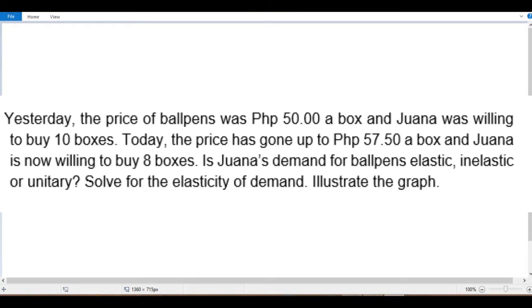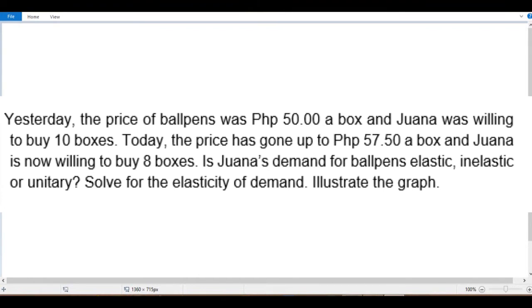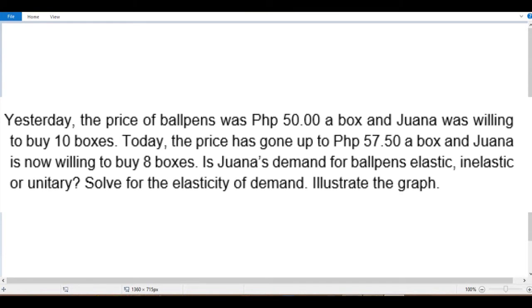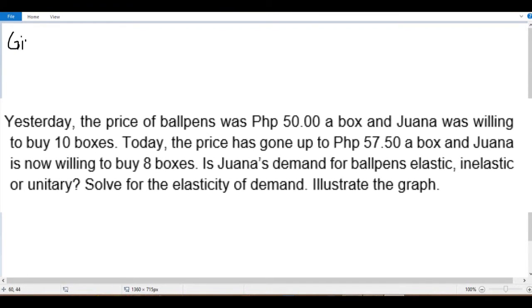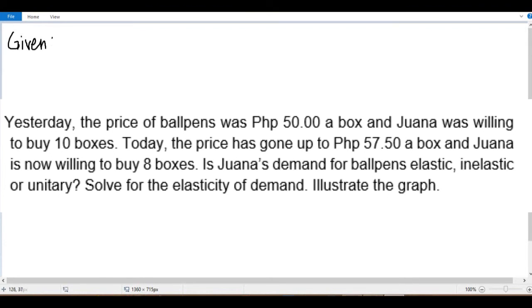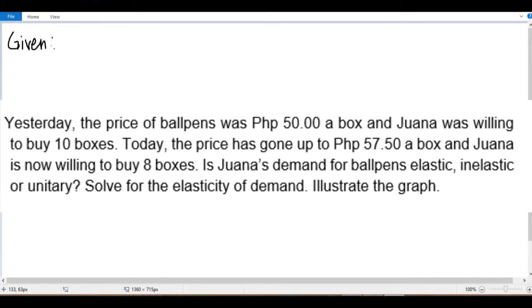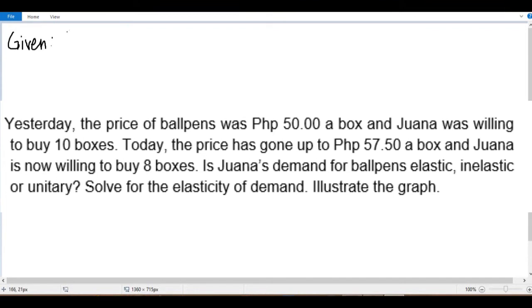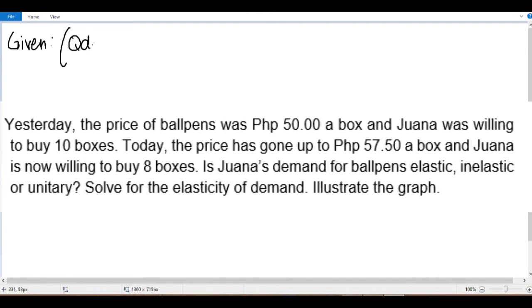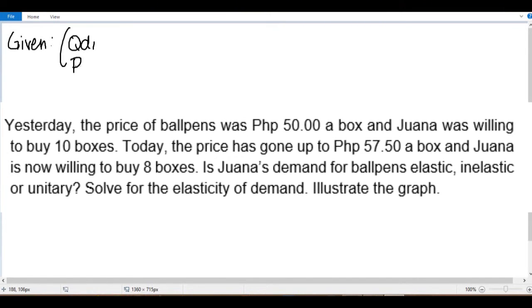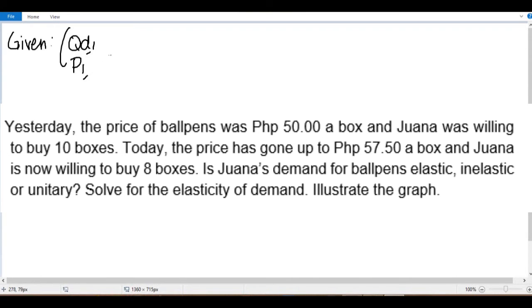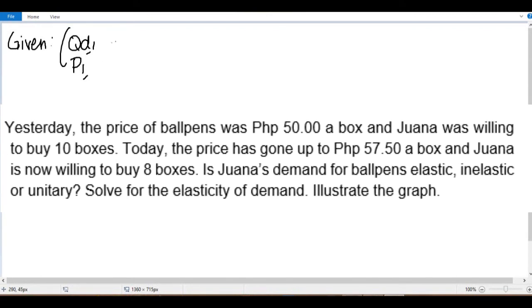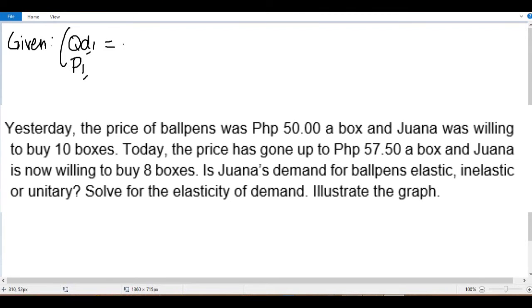Okay, so we start at given. Like all problem solving, we look for the given. So we have a given of QD1 and P1 to represent the quantity demanded and price. Okay? So first, dati daw, nakabili siya ng 10 boxes.